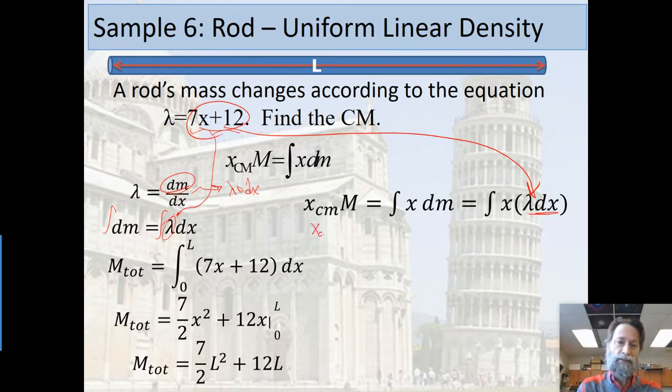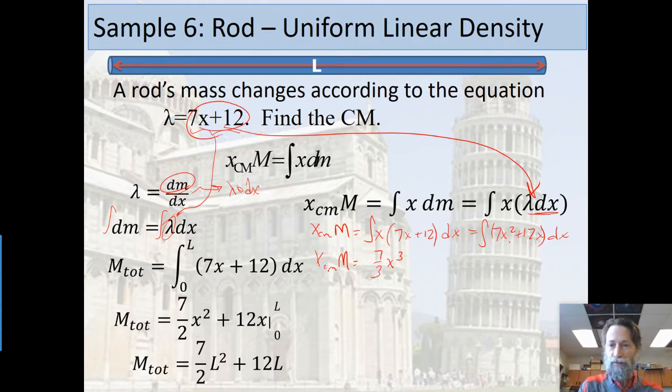So the x center of mass times the total mass is going to be the integral of x times 7x plus 12 dx, which is going to be the integral of 7x squared plus 12x dx. So my x center of mass times the total mass is going to be x cubed times 7/3, plus x squared, 12 divided by 2 is going to be 6.